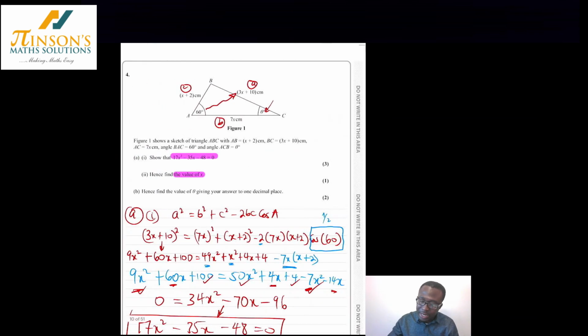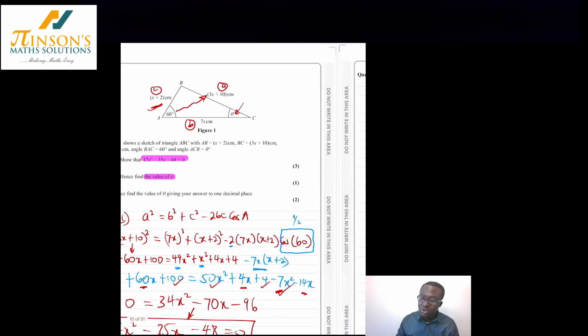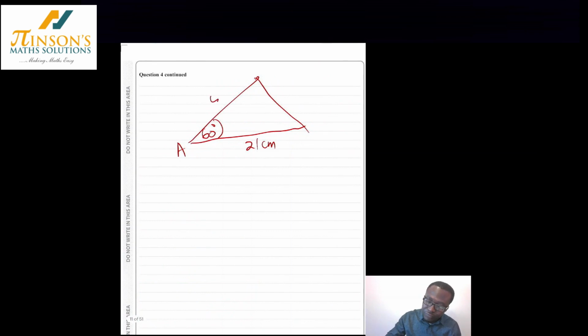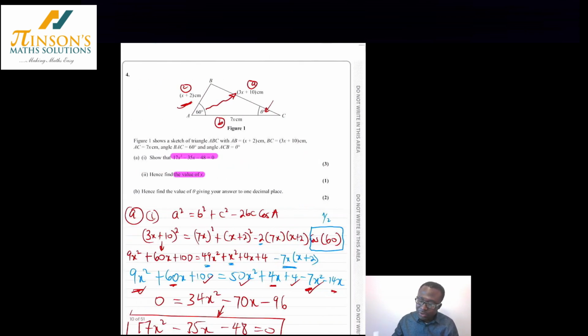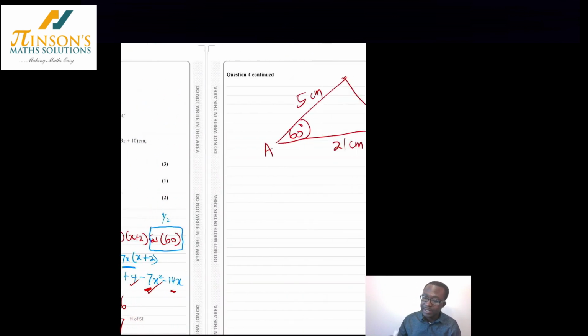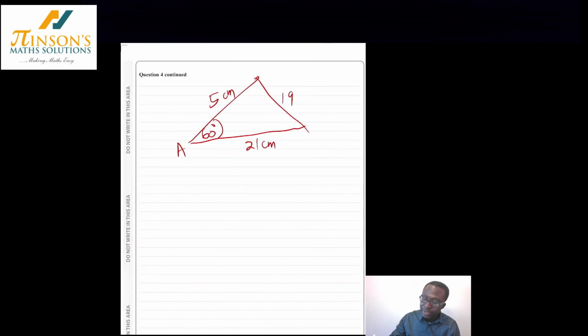And then on this side we've got x plus 2, so that's 3 plus 2, which is 5 centimeters. And then on this side we have 3 lots of x, plus 10. 3 lots of 3 is 9, plus 10 is 19, so we've got 19 here. And here is the angle we've been asked to look for.